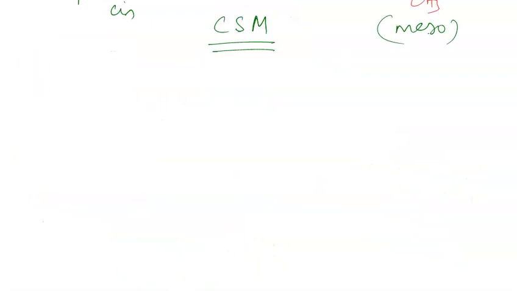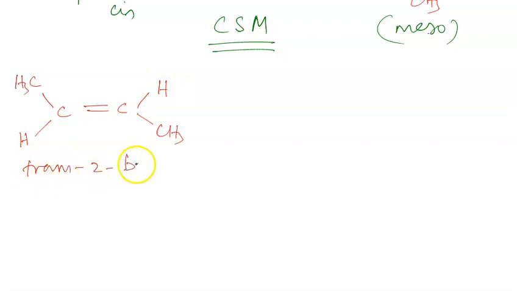Similarly, if our alkene is trans, let us take trans 2-butene, CH3, H. So this is trans 2-butene.